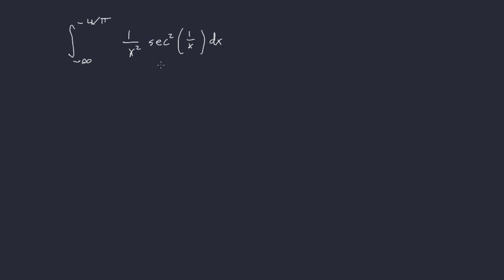Now I could do a quick u substitution, but I do want to show how you can approach u substitutions with infinite limits. So I'm going to do a u sub, and the reason is I see secant squared of some stuff, then I have a version of the derivative of the stuff sitting out here.